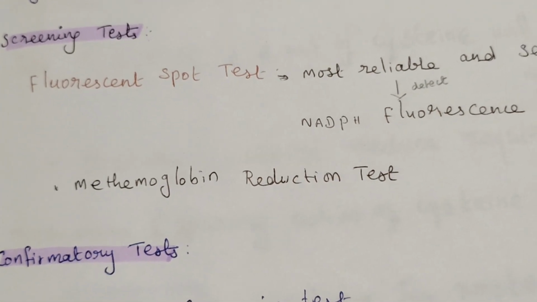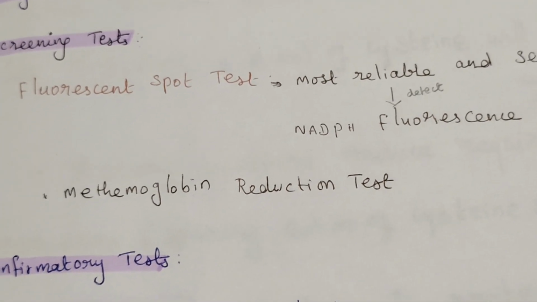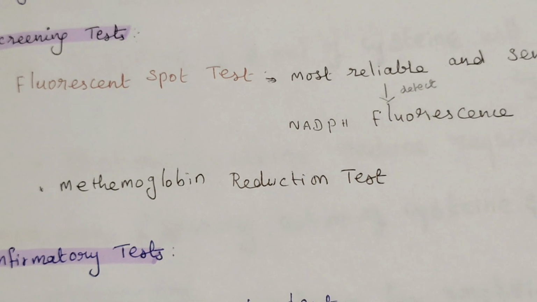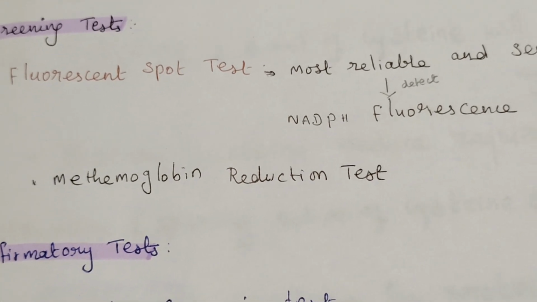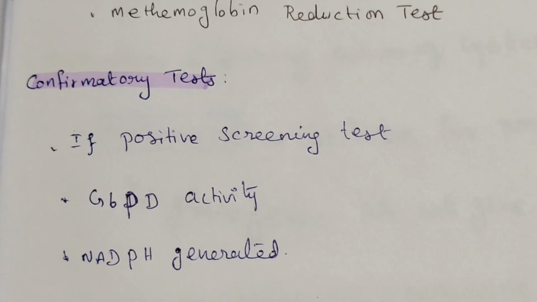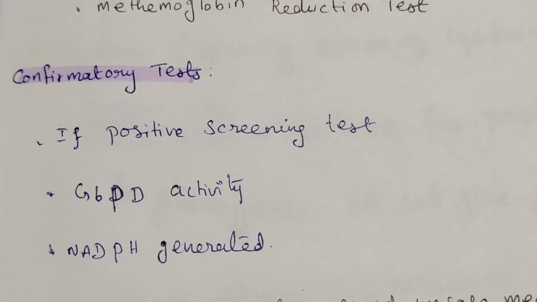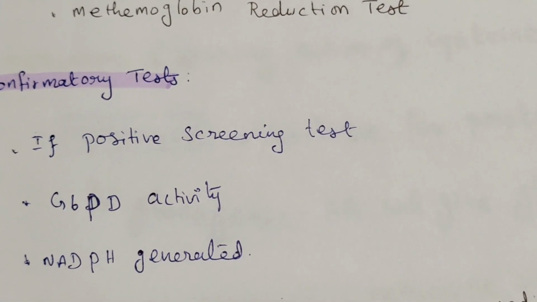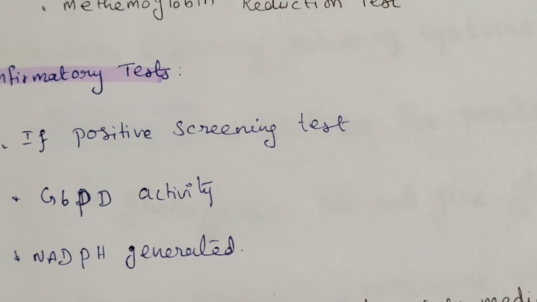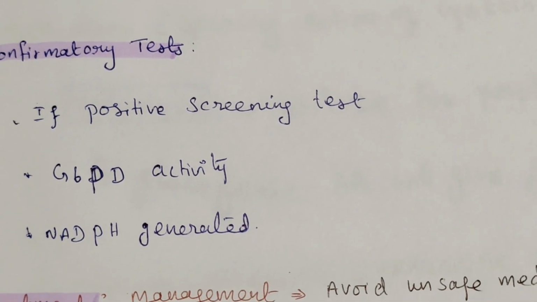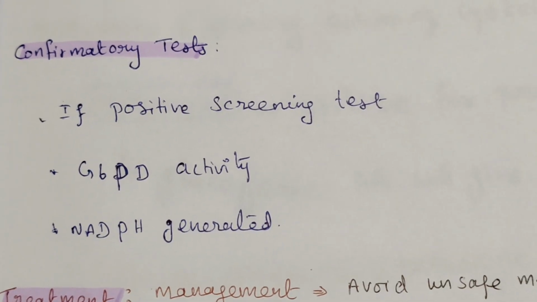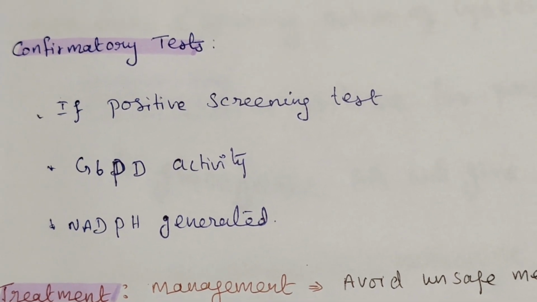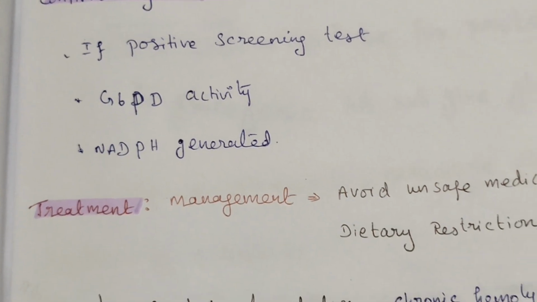Then we use a confirmatory test. If the screening test is positive, we measure glucose-6-phosphate dehydrogenase activity and NADPH generation. By using these two things we can confirm with the confirmatory test.